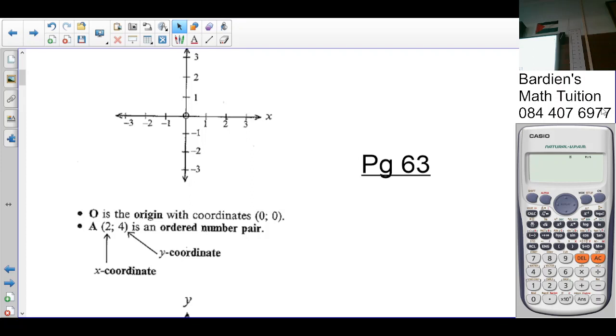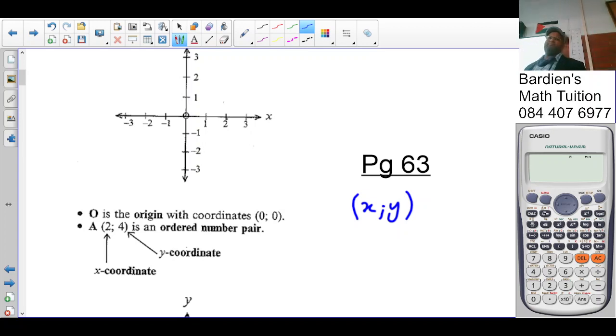Okay, so you see here, this is what we call coordinates or ordered number pair. Now, the coordinates is always written like this: an x, then a y. Always. So if I write 6 and minus 7, then what is your y value?